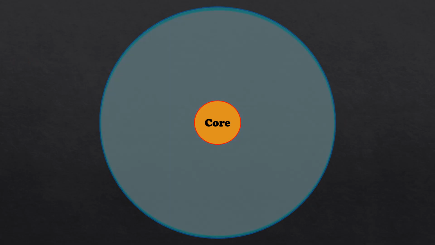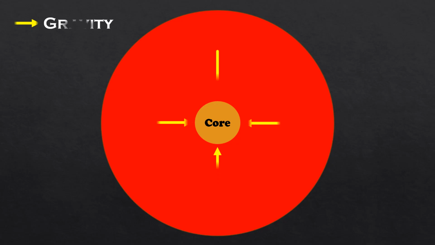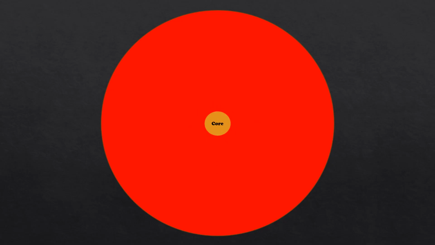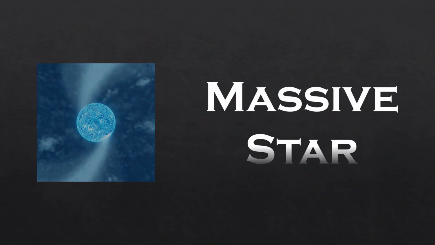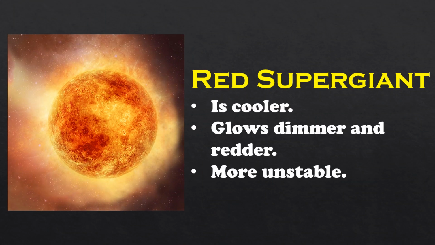But at the core of the star, where no more nuclear fusion is taking place, gravity will take over and the core will start contracting and collapsing in on itself. This forms a larger star called a red supergiant, which glows dimmer on the heat scale and is much less hot because there is less nuclear fusion happening at the core.